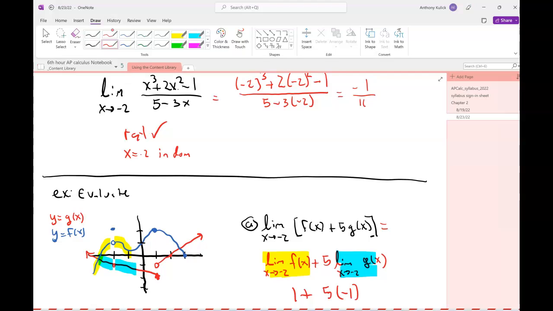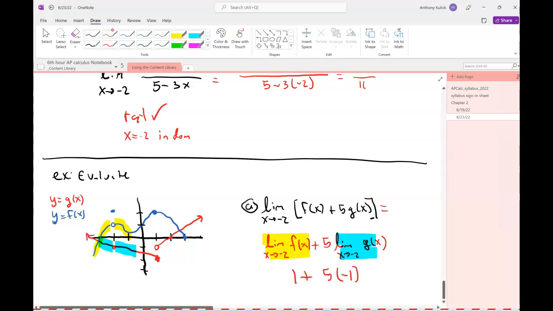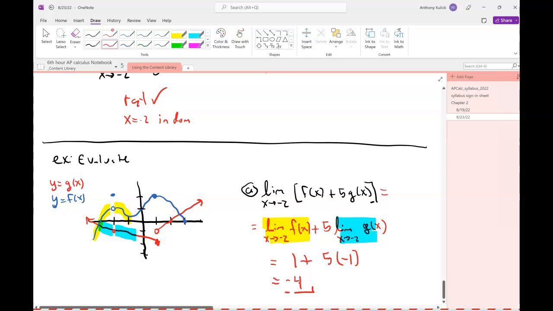Still have that 5 there, though. So I end up with -4. Does that feel okay how I did that? So I just used the graph to evaluate the limits once I've separated out the limits to just f of x and g of x.